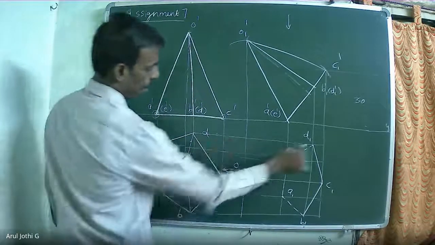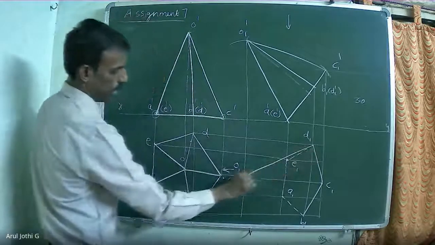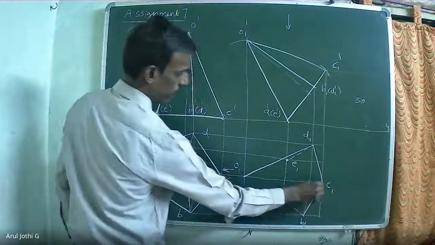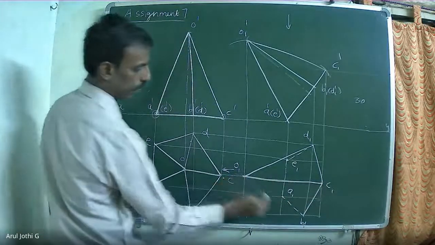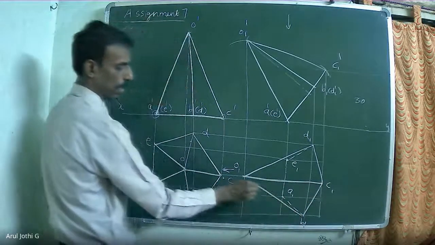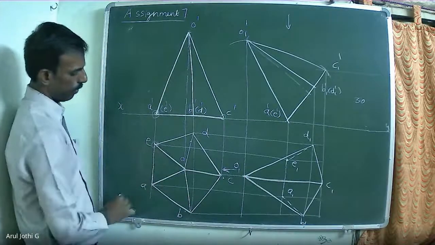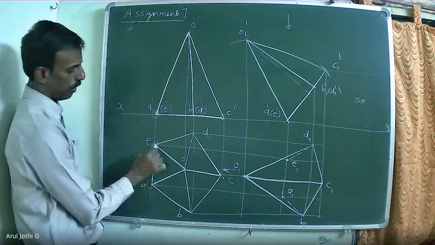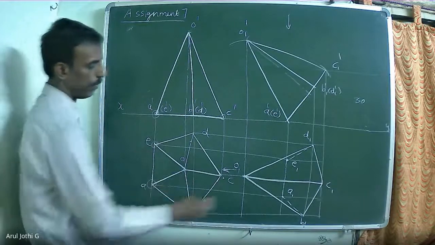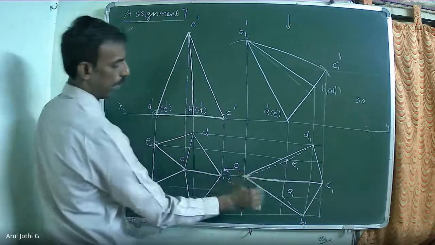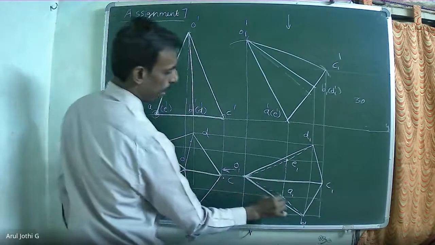So DO, CO, and BO will be visible. When you look from here, E will not be visible, A will not be visible. That means EO and AO will not be visible. So EO and AO should be shown as a dotted line.